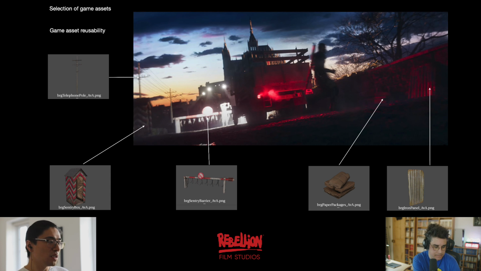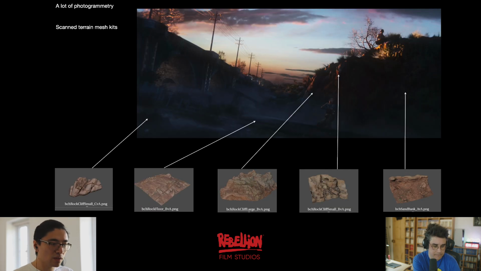So this screenshot you see here is an example straight out of the game, which is a photogrammetry asset, and then we converted it into the VFX pipeline. Another example here, where we used a game methodology, which is the kit-based method. Some of you using Unreal would know this.